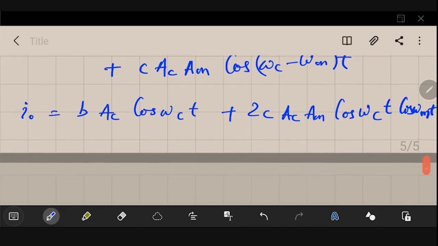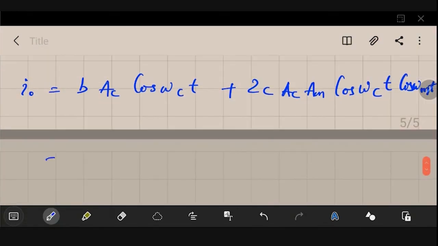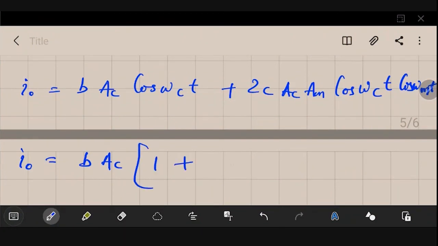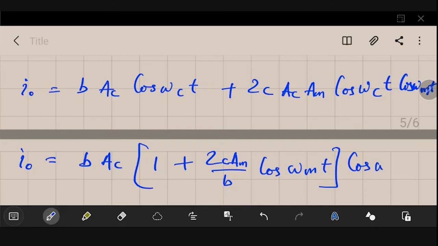Okay. So again, I could write I_0 is equal to, if I take B A_C common from here, then I could write it in this way, 1 plus, B A_C and that cos omega_C t also common, but I will keep that cos omega_C t on the other side. So I will get 1 plus 2C A_M by B cos omega_M t, and here I will keep cos omega_C t.